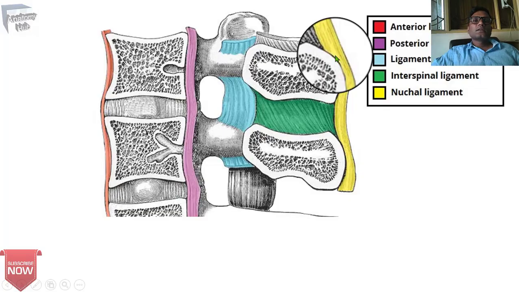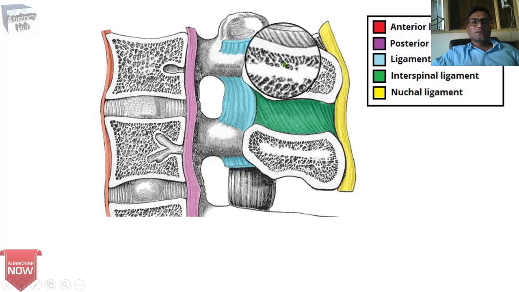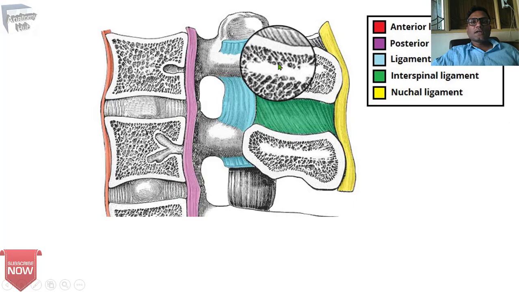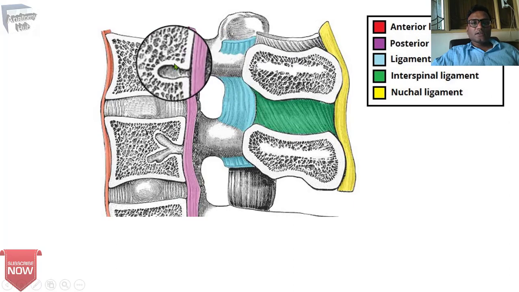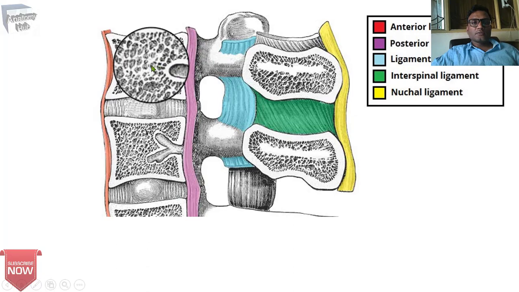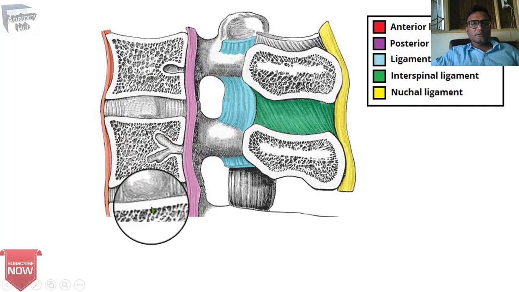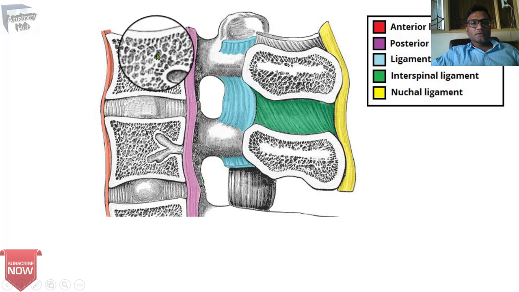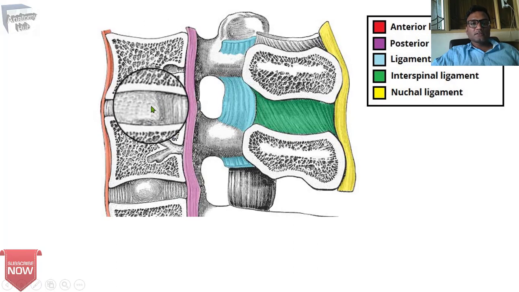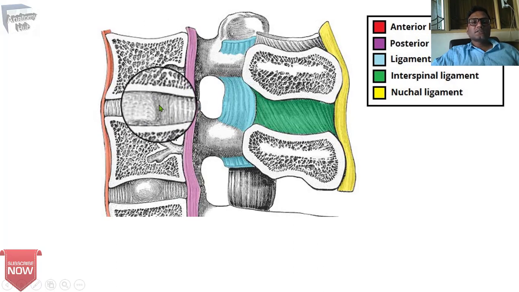Okay, then here we will see the ligaments that are connected to the atlas and axis. These are the bodies of the vertebrae, and in between the bodies of the vertebrae you will find the intervertebral disc over here. This is the sagittal section we have taken.